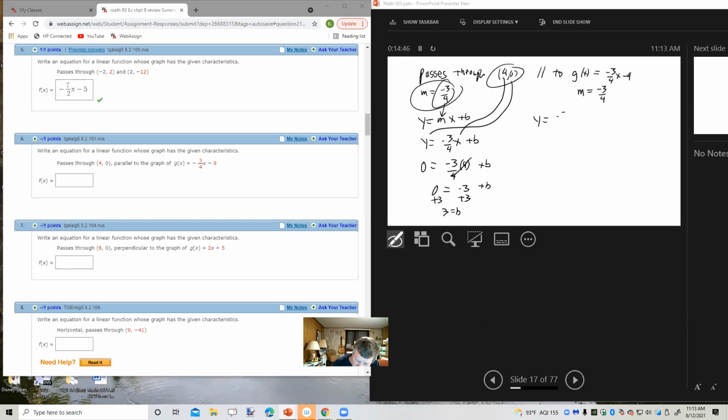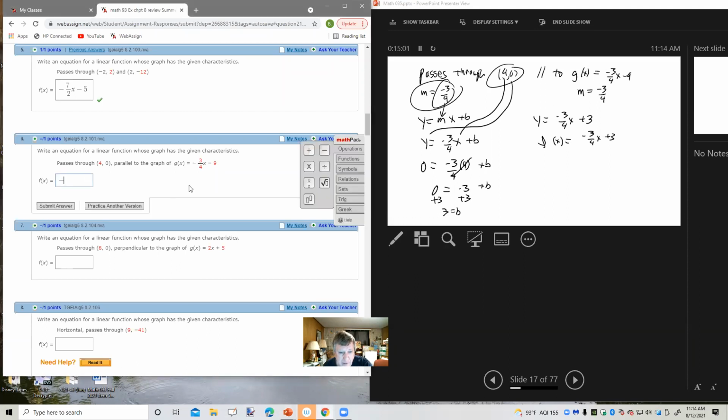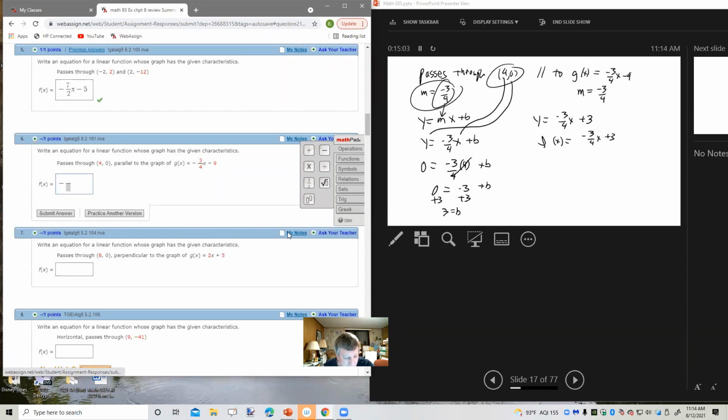So y equals -3/4 x plus 3, or f of x equals -3/4 x plus 3. So -3/4 x plus 3.